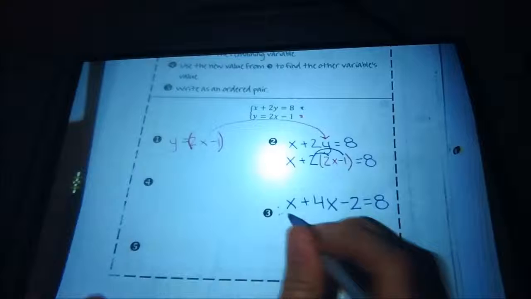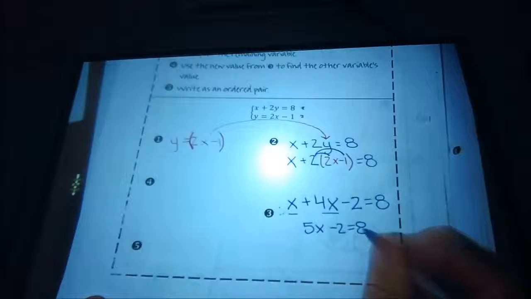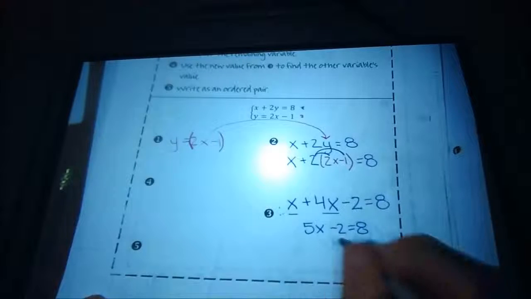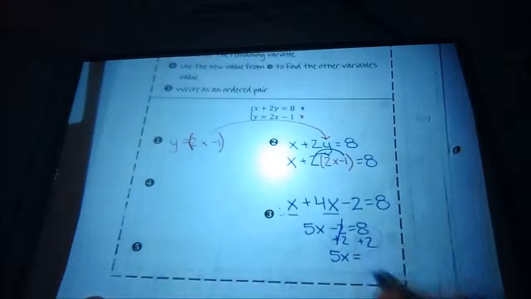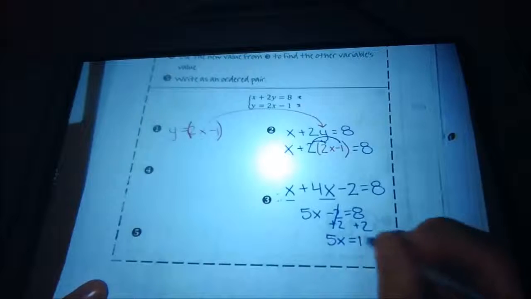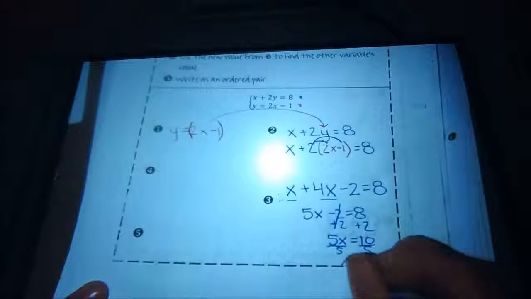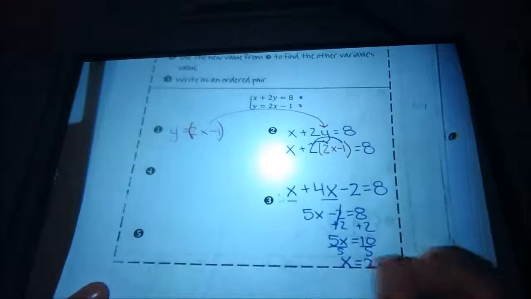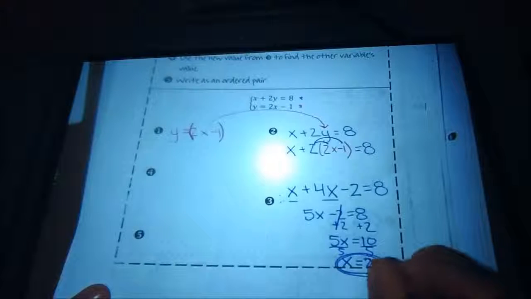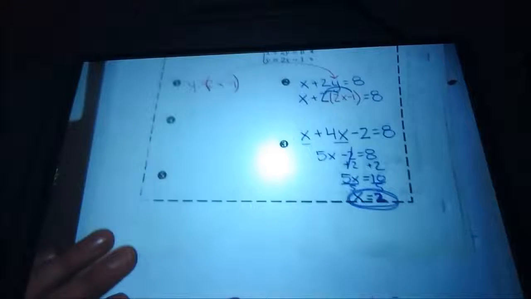Add like terms. x plus 4x gives me 5x. Now let's solve for x. Add 2. 5x equals, then what? x equals 2.